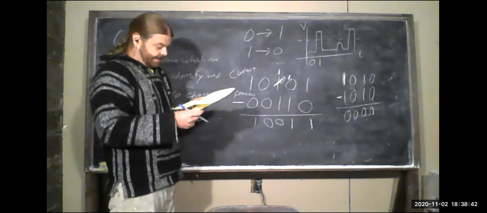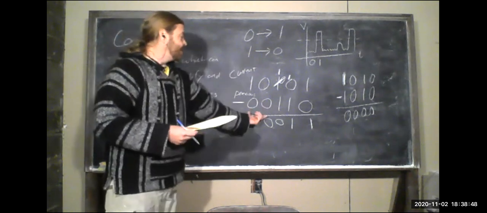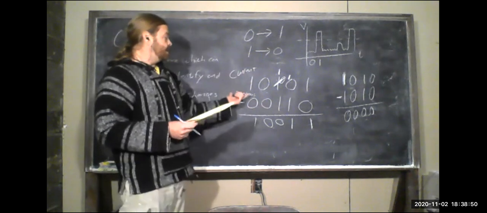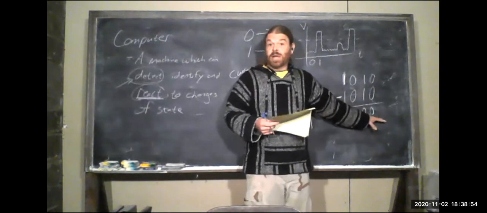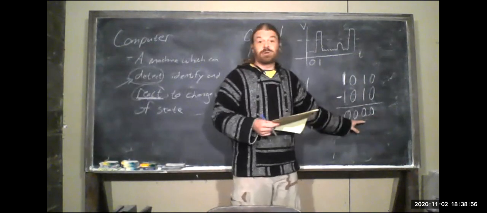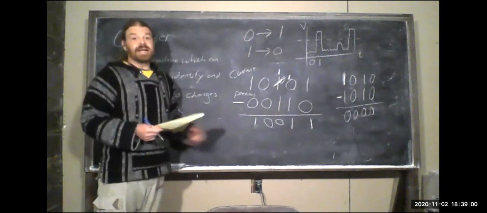So I don't know if there's anything else I have here. Yeah, so it finds the difference between the current state and the previous state, runs that through a series of OR gates to see if it's all zeros. And if there are any ones remaining, that means something changed.